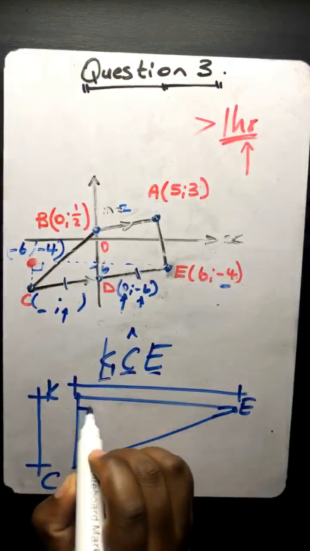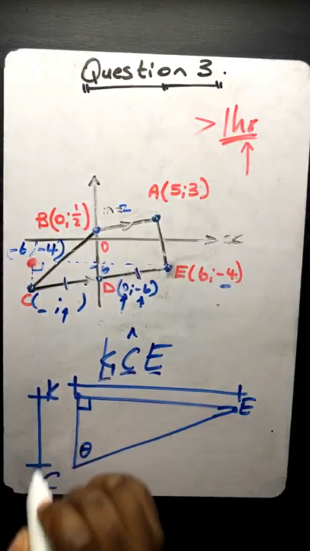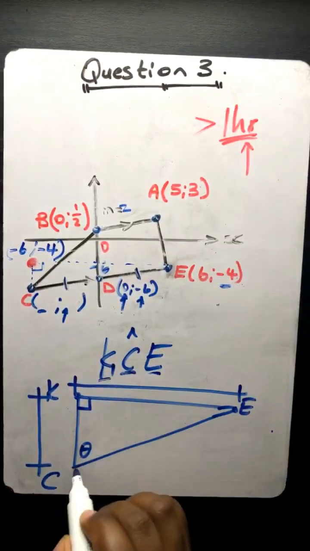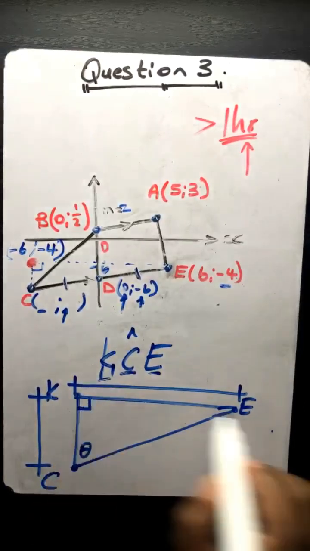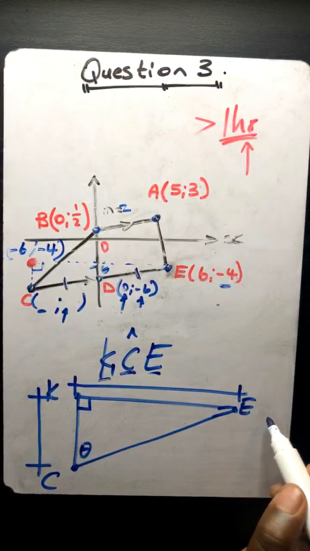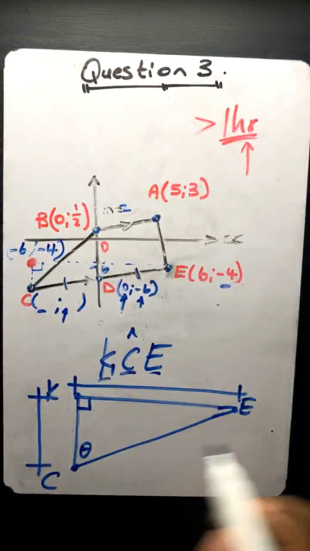Since I know this is 90 degrees, you can use a trig ratio that has opposite over adjacent in order to calculate that. In case you are not able to calculate that and that, you can maybe use the theorem of Pythagoras if necessary, to determine whatever will end up giving you this angle.